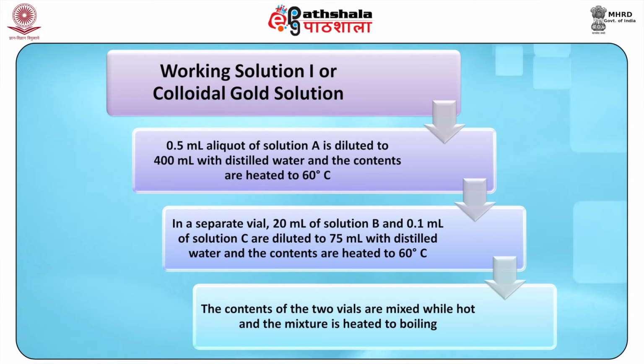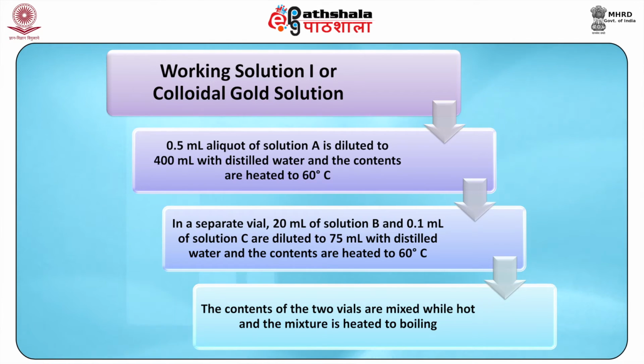Now, working solution 1 or the colloidal gold solution is prepared as follows. A 0.5 ml aliquot of solution A is diluted to 400 ml with distilled water, and the contents are heated to 60 degrees Celsius.